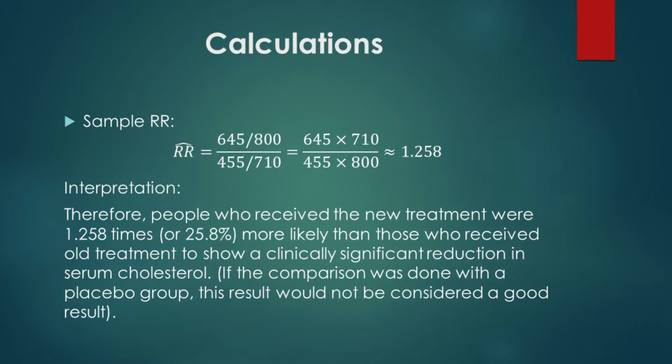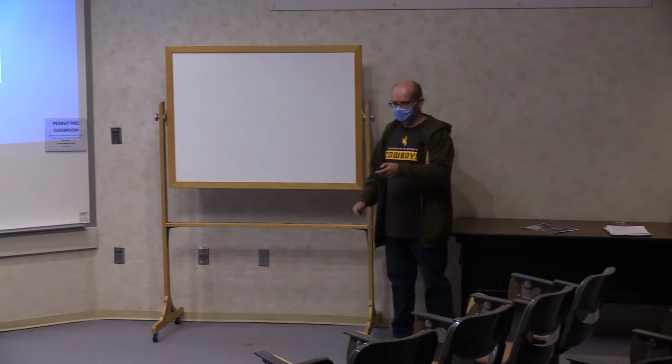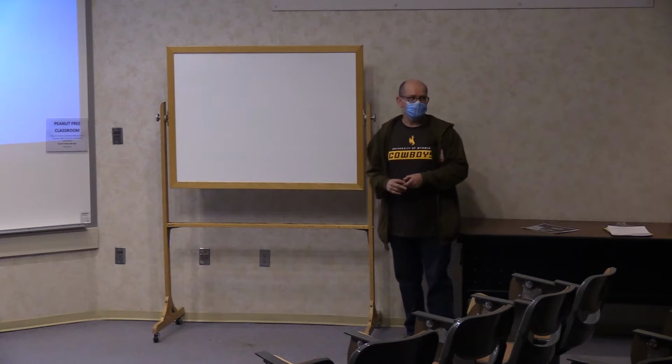So let's get the sample risk ratio. It'll be 645 divided by 800, divided by 455 divided by 710, because it's the ratio of two probabilities. And it turns out to be 1.258.